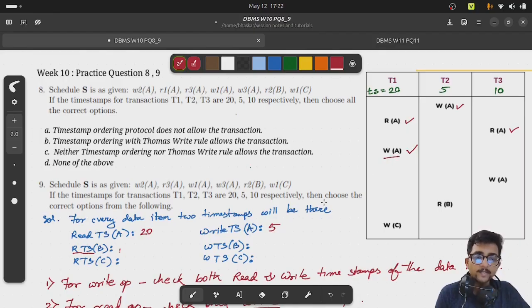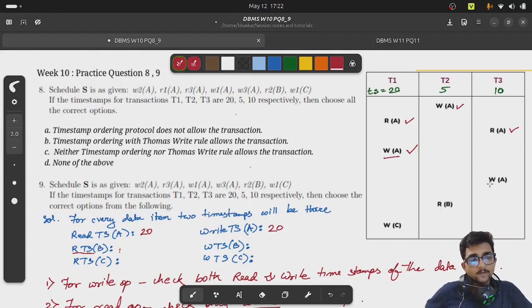T1 being a younger transaction with a greater timestamp value, we said that we will always try to reflect the youngest transaction, or in other words, the maximum value of the timestamp within the read and write timestamp of the data item. So we will modify this 5 to 20. So WA is also allowed.